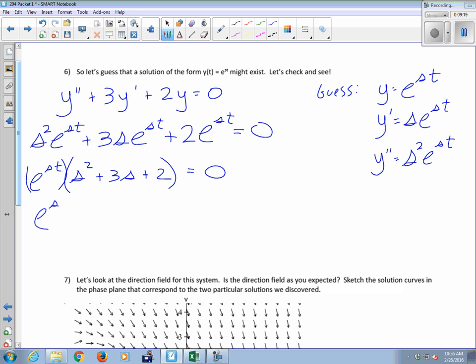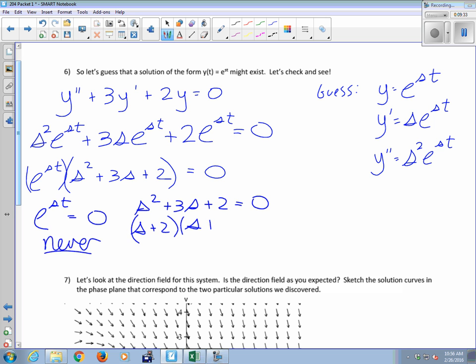E to the st is never 0, right? So I just have to solve this quadratic equal to 0. Factor it: s plus 2, s plus 1. So s is negative 2 and negative 1.